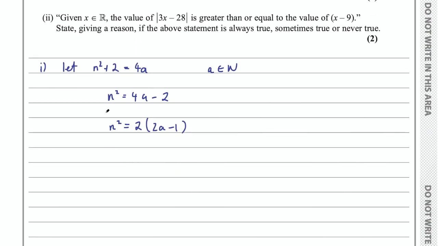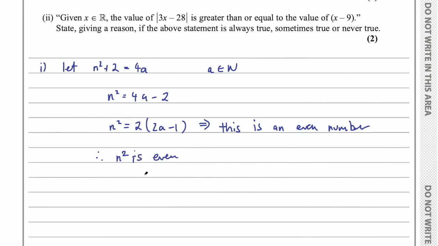And now we have n squared equal to 2 multiplied by some number, and that means therefore n squared must be even. So this must be an even number, right? Because it's multiplied by 2. So this is an even number. And let's just state therefore n squared is even.